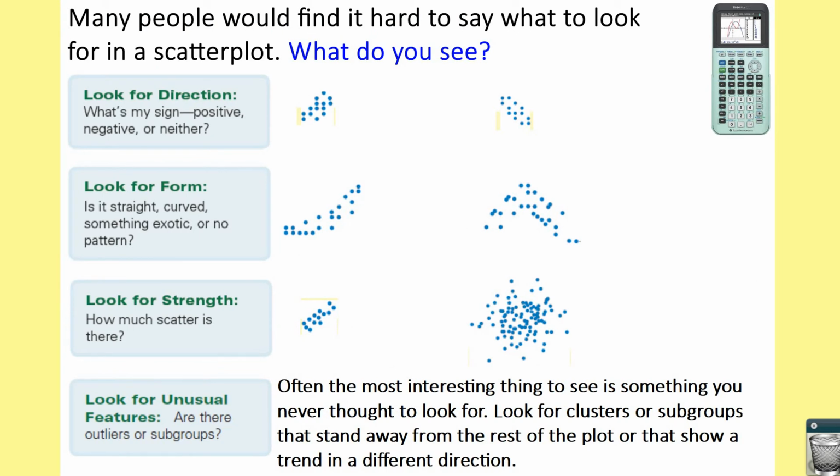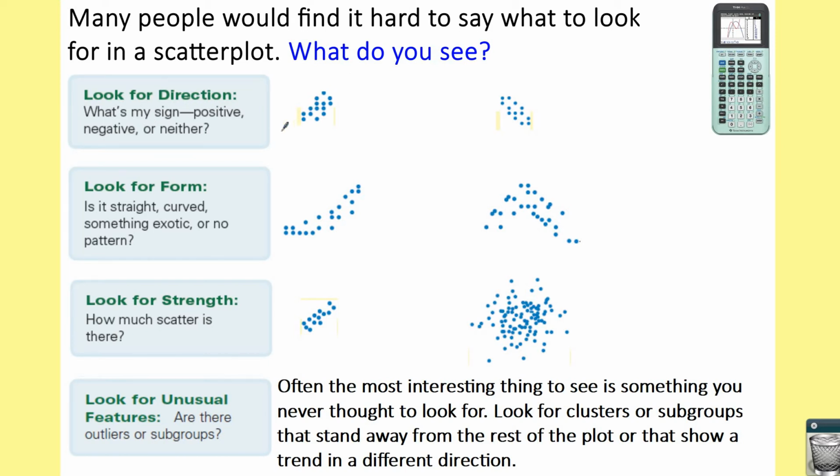All right, so when you look at a scatter plot, you're going to describe it. There are 4 things that you're looking for: the direction, the form, strength, and anything unusual. The first thing is direction, where you're looking for a sign.